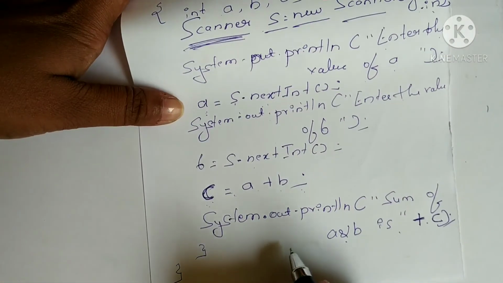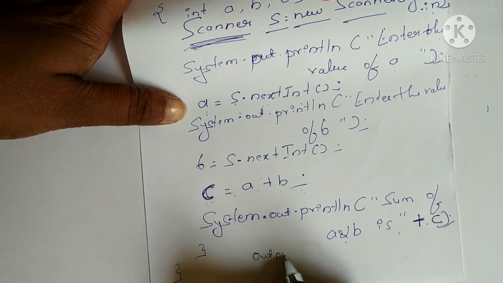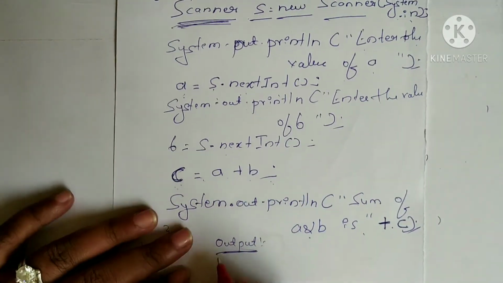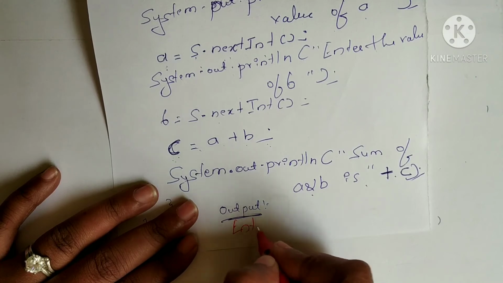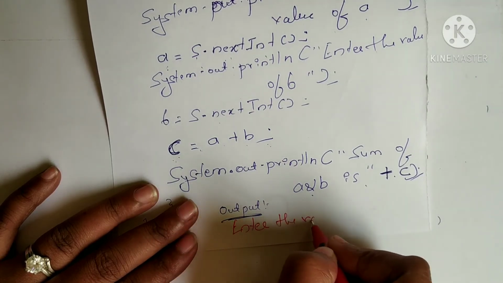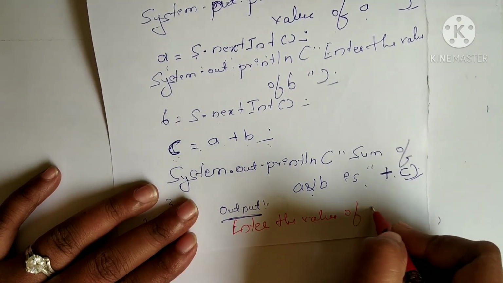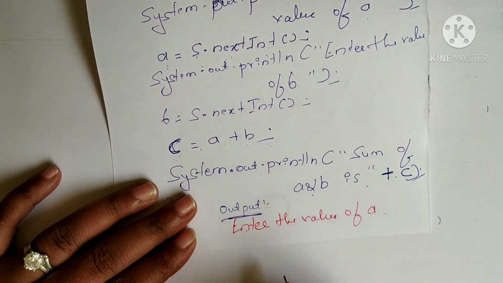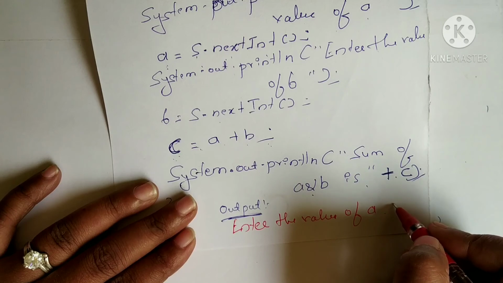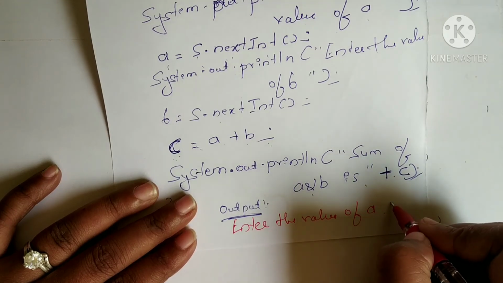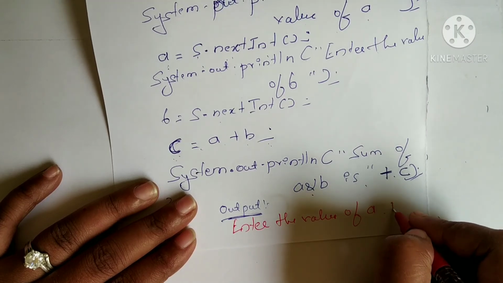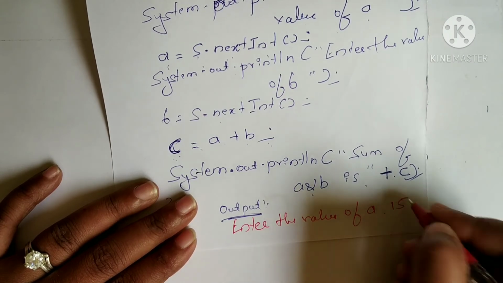Here the output is: first it prints Enter the value of a. It prints only Enter the value of a. For this we have to give the value in the output, that is 50.